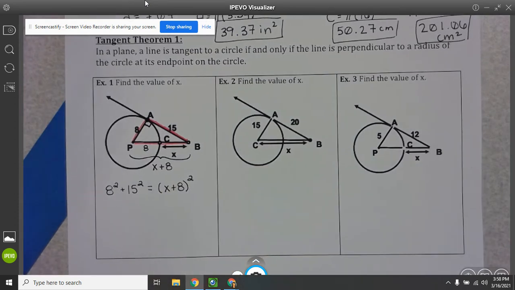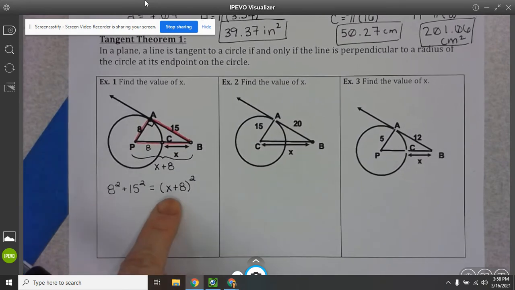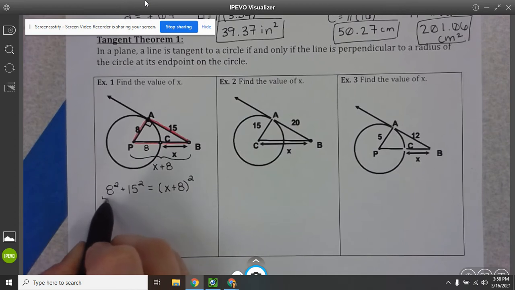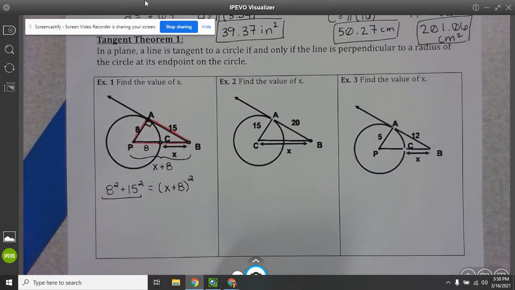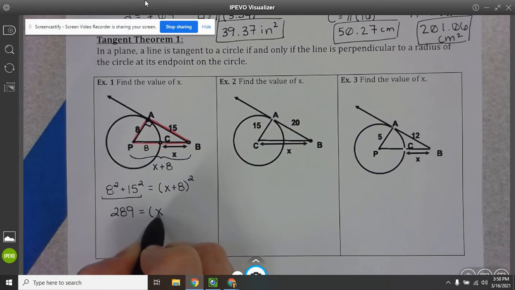Now, since we did expanded form yesterday, you might be thinking that we're going to have to do the box and multiply this through, but we don't have to. I can simplify this over here. So 8 squared plus 15 squared gives me 289 being equal to the quantity x plus 8 squared.